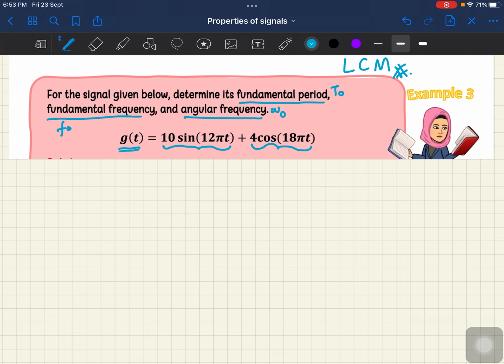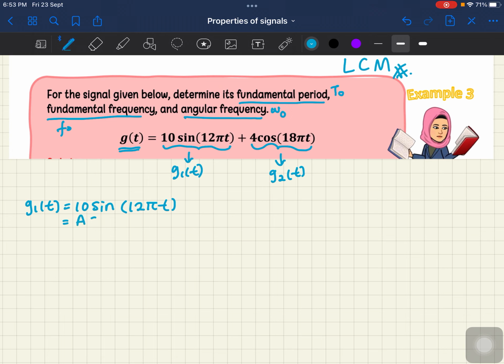First, let's assume this sine signal to be g1 of t, and this cosine signal to be g2 of t. So g1 of t equals 10 sine 12 pi t. Here we write the general equation for the sine function, which is available in your handout, I believe page 16, equation 1.5.